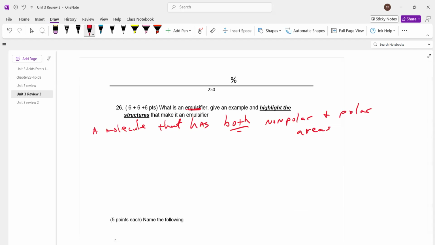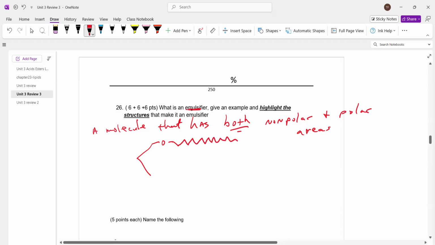Okay, so let's use lecithin as an example. That's one of the triglycerides, the phospholipids you need to know. Lecithin has got a 3-carbon backbone. You have an ester here. Doesn't matter what fatty acid you have here. And you have another one over here.